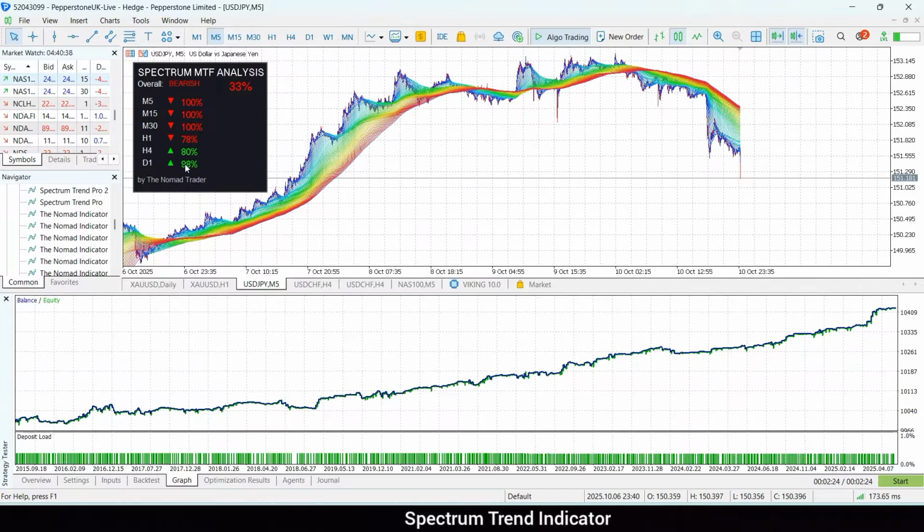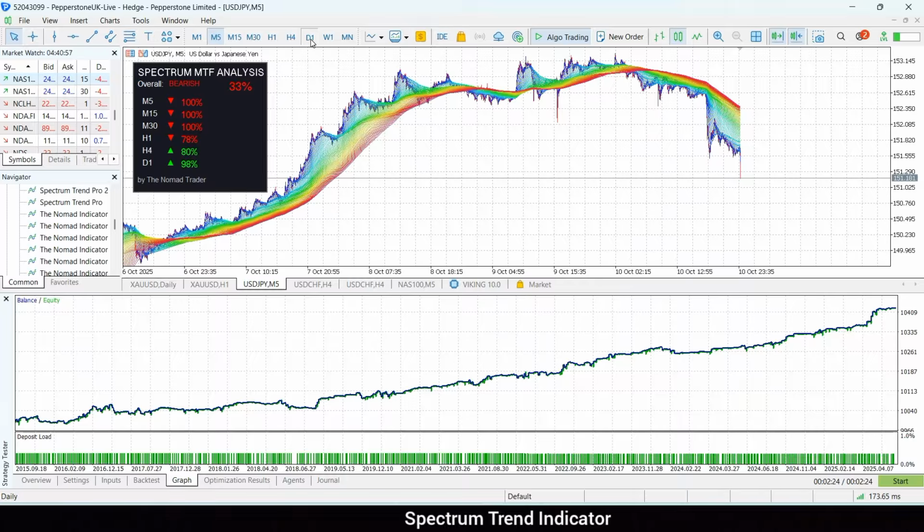But on the higher time frame, which is very important to look at, because most traders are really focused on one time frame, and I understand it.